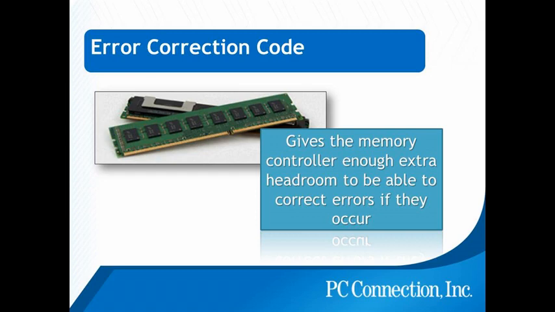That gives the memory controller enough extra headroom to be able to correct errors if they occur. And so this is just a part of it: you can use unbuffered ECC memory, registered memory, or load-reduced memory for your server, and they all feature those extra chips for ECC support.